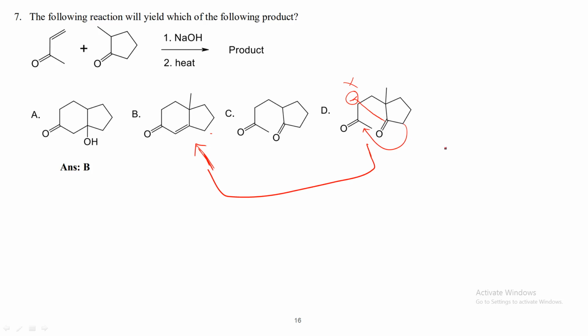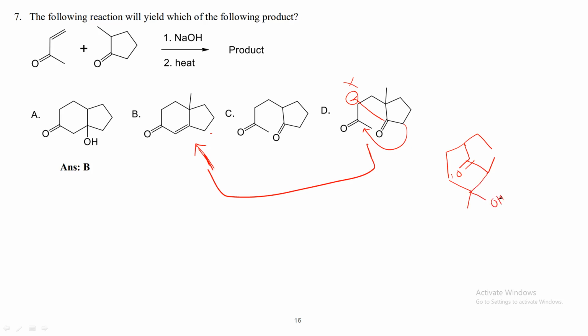So if that happens, let's see, it is like a strained system. So you can see one, one, two, three.